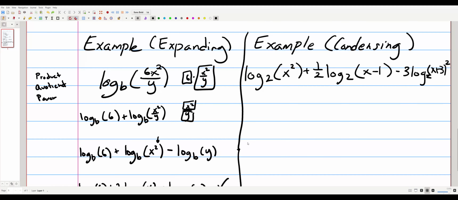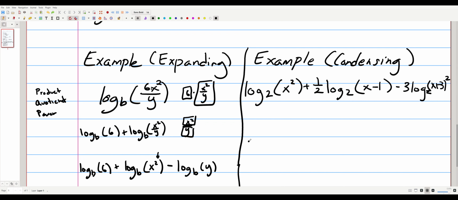All right. Now let's look into condensing the logarithm. So here, what we want to do is use all the rules that we have, the product rule, the quotient rule, and the power rule, to put this into one logarithm. And so, well, what do we need to do that? Well, we need the coefficients in front of the logs to all be the same, and we need the bases to be all the same.